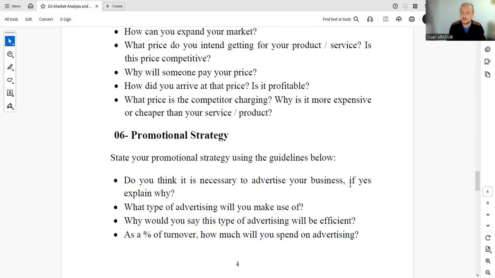Fourth, as a percentage of turnover, how much will you spend on advertising? That is, the cost of advertising over the sales achieved from your products or services.